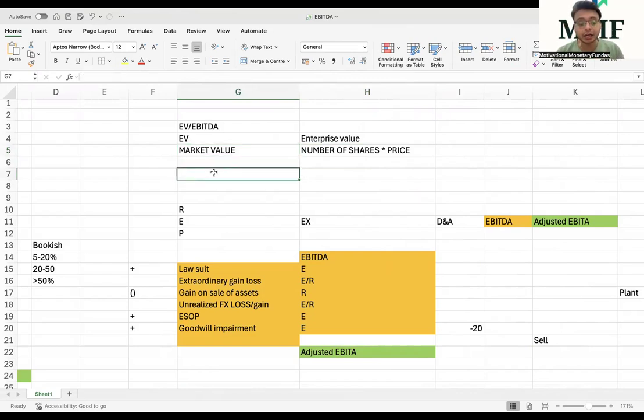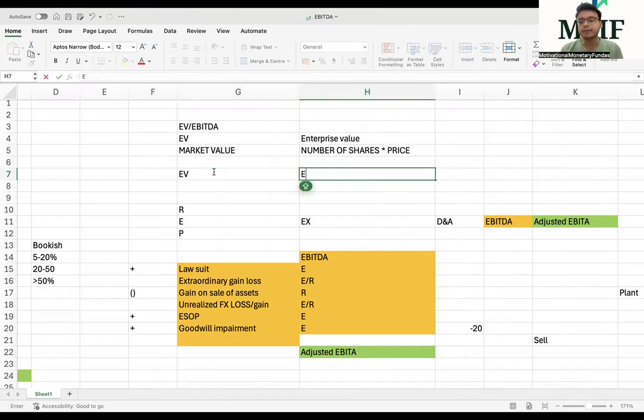But if we talk about the enterprise value, it takes into account the market value of the equity plus the market value of the debt. And here the debt is the long-term debt, the long-term borrowings, which have to be repaid after more than 1 year. Plus, we also take into account the minority interest.